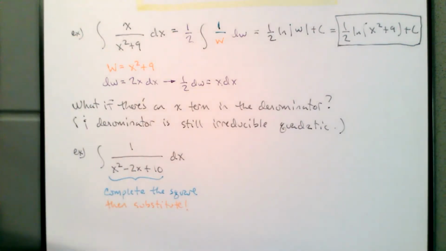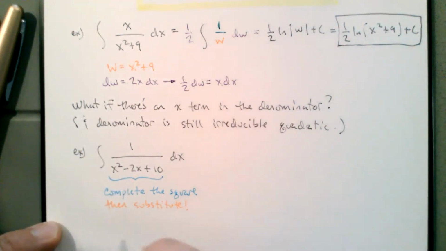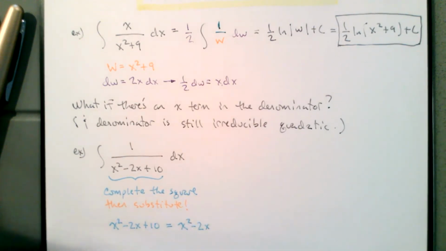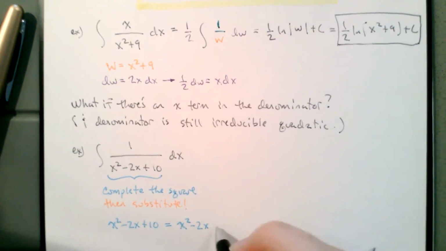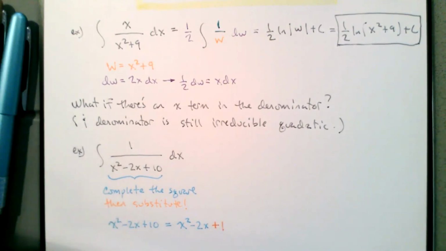So I'm going to rewrite x squared minus 2x plus 10. I think about what I need to complete the square. X squared minus 2x. To complete this square, I need plus 1. And if I take plus 1 away from the plus 10, that leaves behind a plus 9.